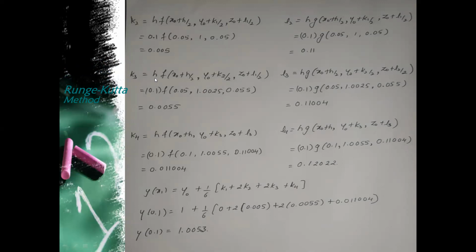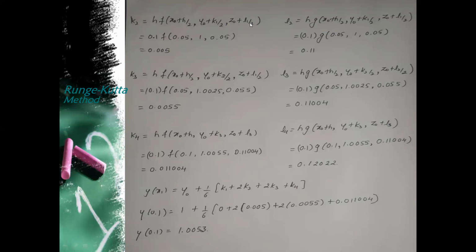Now we go for K3. K3 is h into f of x naught plus h by 2 again, y naught plus k2 by 2 and z naught plus L2 by 2. So substitute the values. h is 0.1, x naught plus h by 2 is 0.05, y naught plus k2 by 2, y naught is 1, k2 divided by 2, then we get 1.0025.